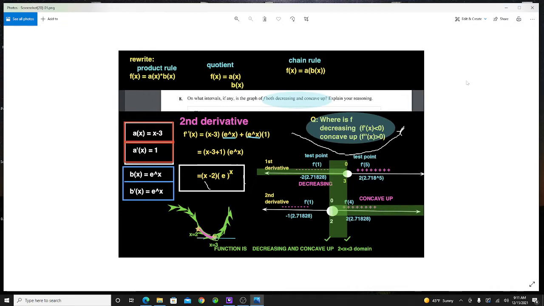So with that in mind, we looked at the critical points, and since e to the x is always positive, we just have to find the zero of the first factor. It's 3 with the first derivative, but it shifts to 2 with the second derivative, meaning there is an interval, that gap between 2 and 3, where function f is decreasing, but cupped up.